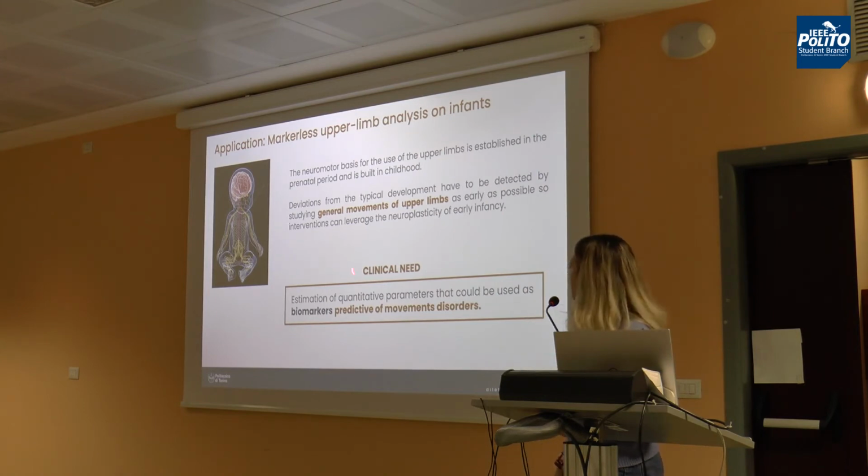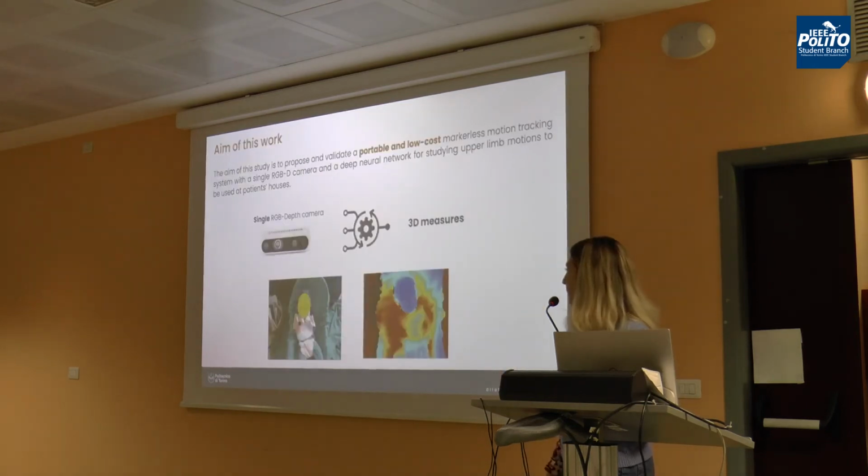The clinical need is the estimation of quantitative parameters to be used as biomarkers predictive of movement disorders. The aim of this work is, as in the previous project, to use a single RGB-depth camera to estimate the kinematics of upper limb motion, and this system is designed to be used at patients' houses.